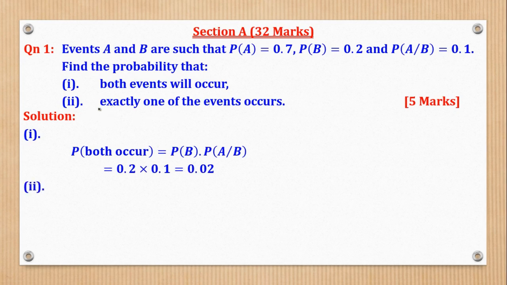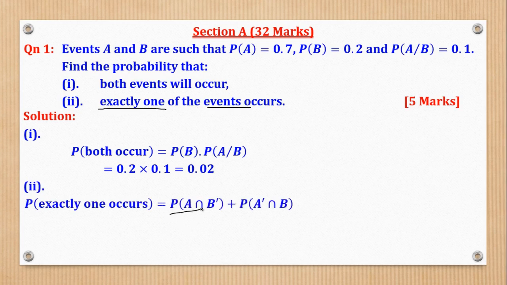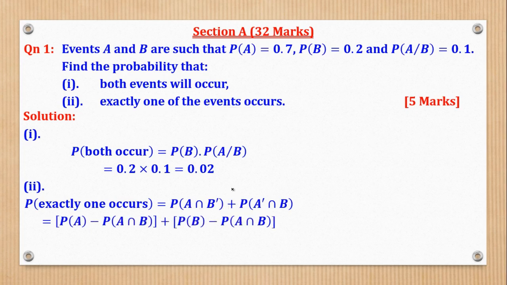For Roman 2, they asked for the probability that exactly one of the events occurs. So exactly one means A only or B only. From the contingency table, the probability of A intersection B complement is given by this, and the probability of A complement intersection B is given by this.